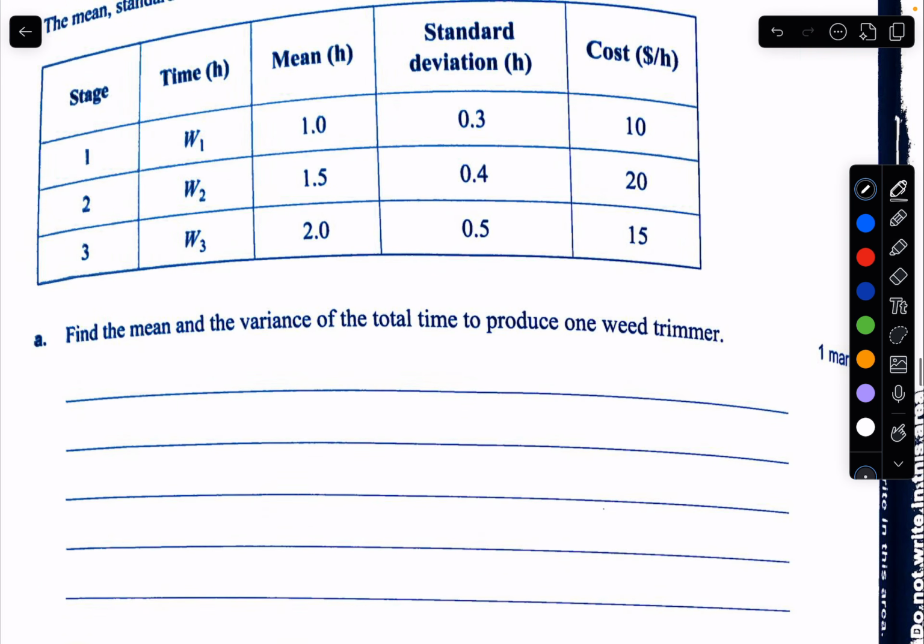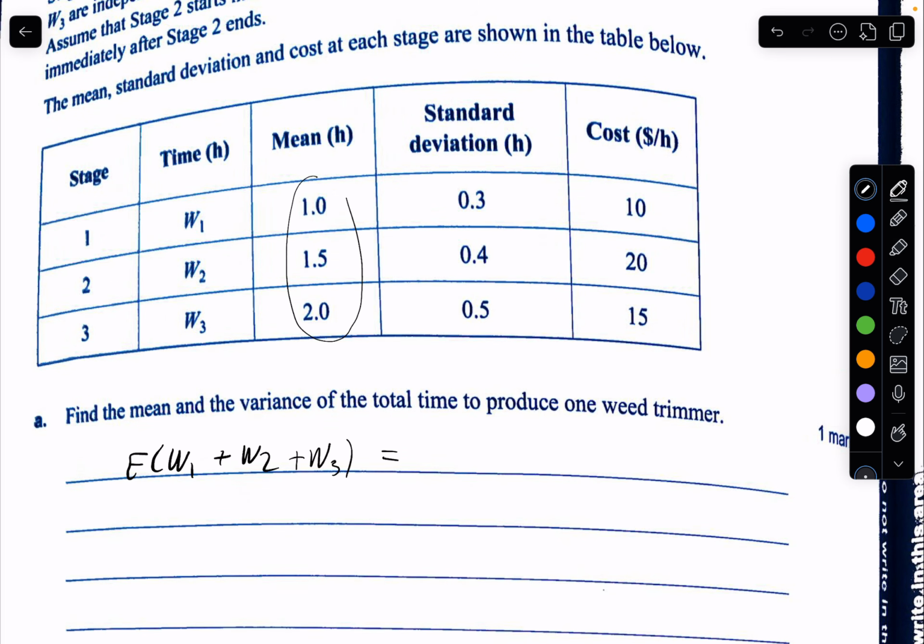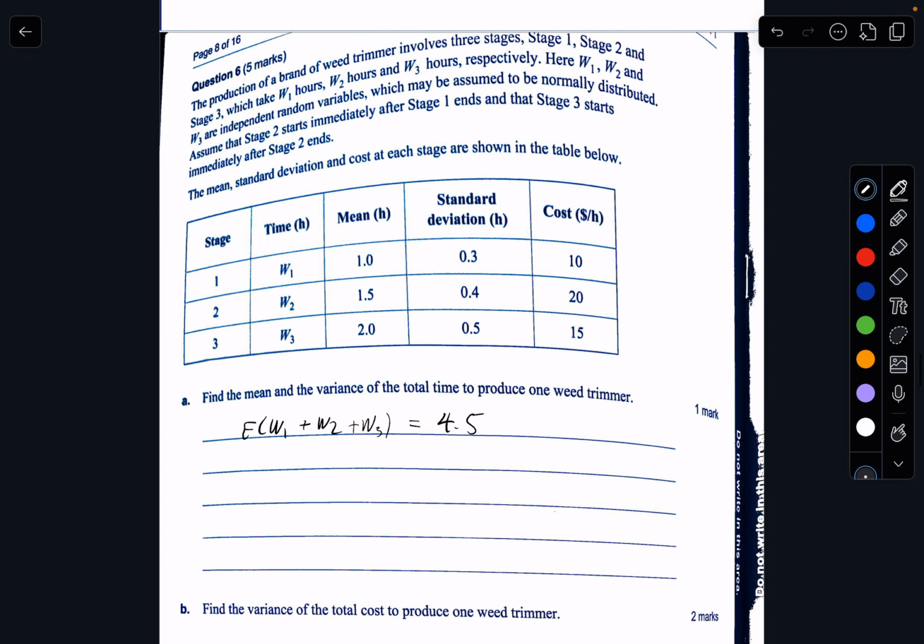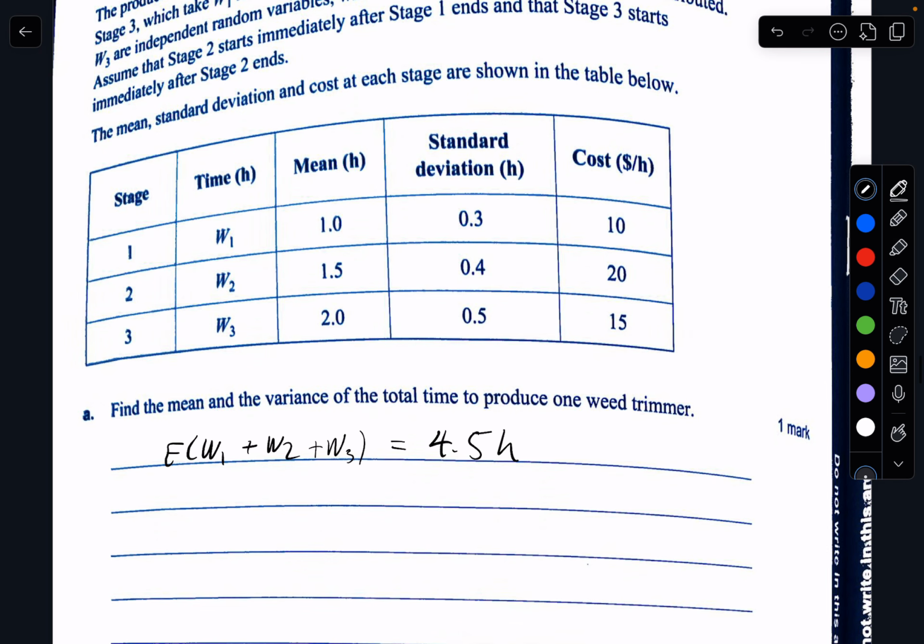Okay, so E of W1 plus W2 plus W3 is, you just add them, and that will be 2.5, 4.5. And what's the units? Is it minutes? Hours. Okay. And then the variance.